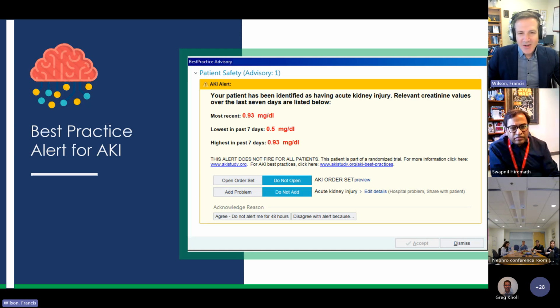But what you can see here is that you get some information about the current creatinine and the lowest in the past 7 days. That's patient-specific information. You have some boilerplate telling the provider that this is a randomized trial. You have the option to open an AKI order set and to add AKI to the problem list, and of course to agree or disagree and tell us why you don't think this patient has AKI.